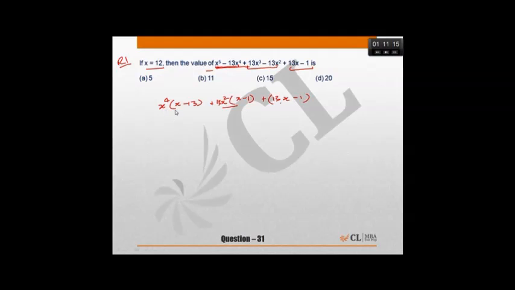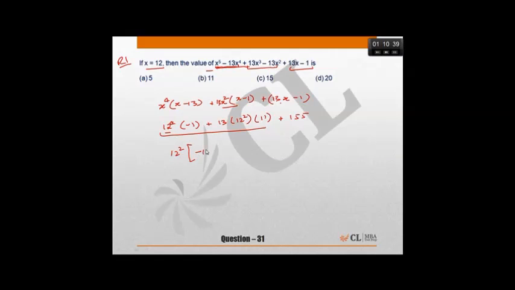If I put x equal to 12, this becomes 12 to the power 4 into minus 1, plus 13 into 12 squared into x minus 1, that is 11, plus 13 into 12, 144, 156 minus 1, 155. So this is 155. Let me take 12 squared outside.